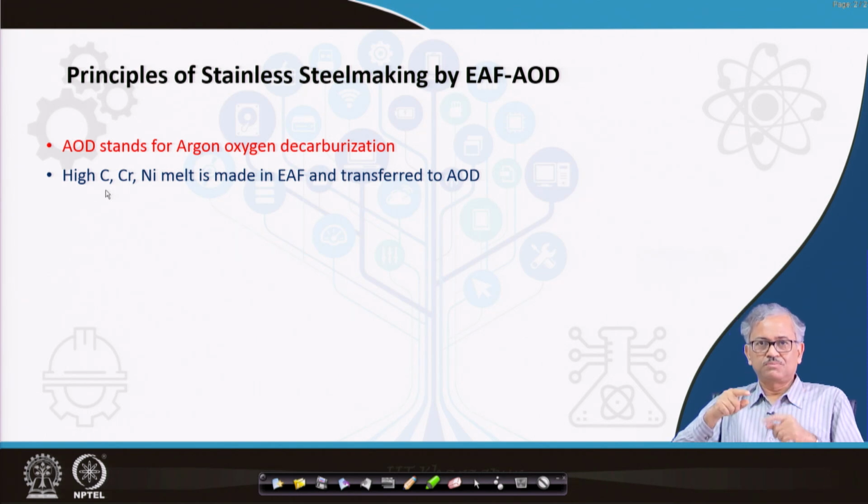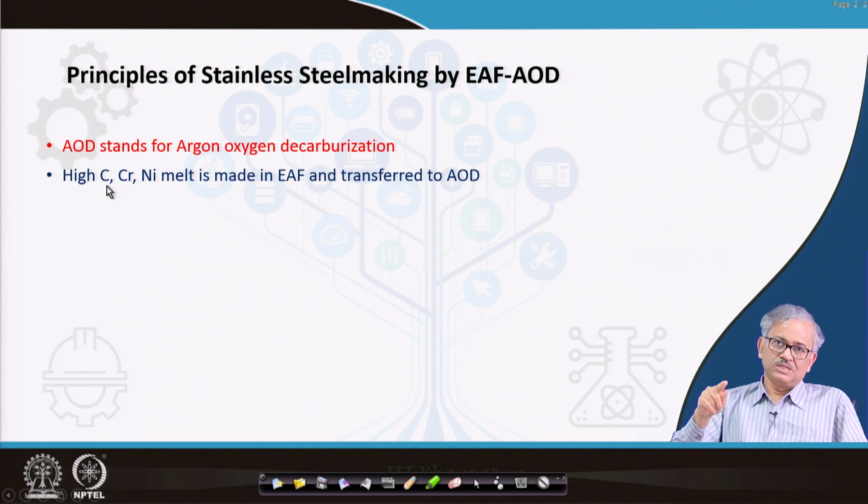If I can reduce the partial pressure of CO, I can move the decarburization reaction forward, because the oxides like Cr2O3 will not be influenced by the pressure. Since the oxidation product of carbon is a gas, it will be influenced by the pressure.